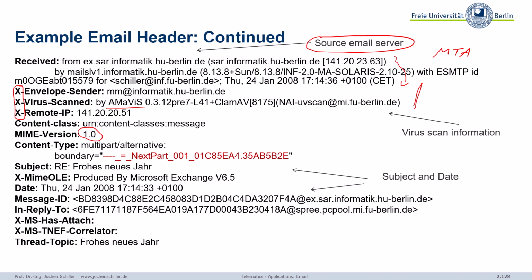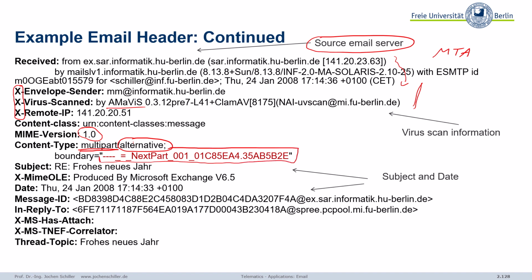Here you see the content is multipart alternative. That means we have the same message with alternative representations, for example, plain text and HTML, something like this. And we have now this separation. It's not in the original mail in red, it's just for you to notice this.